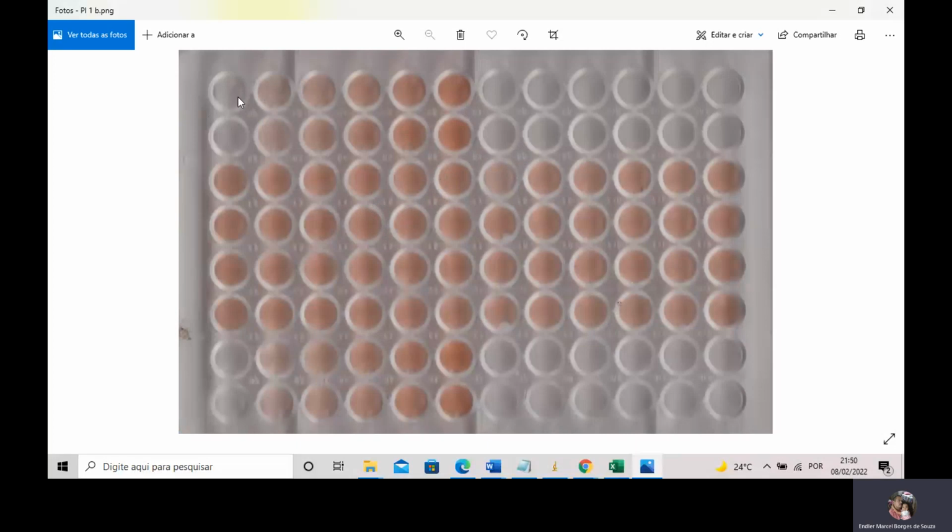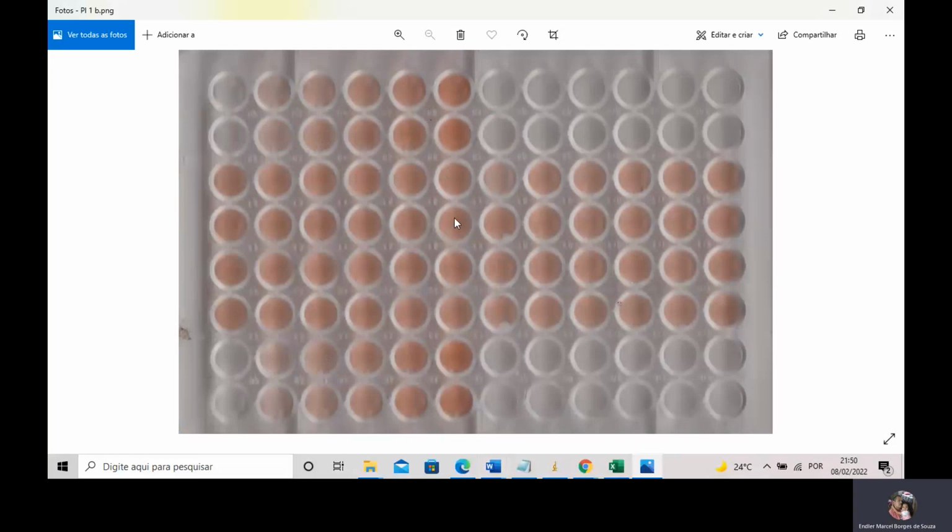For example, in these two wells, we have the blank. The first calibration standard was placed in here and in here. The second calibration standard was placed in these two wells and these two wells. The last calibration standard, the most concentrated standard, was placed in these two wells and these two wells.